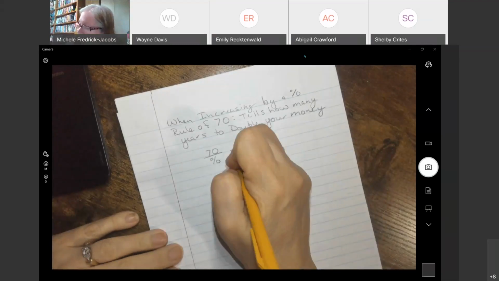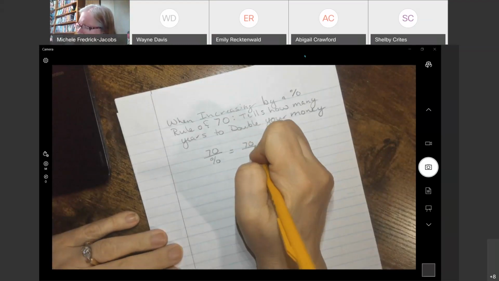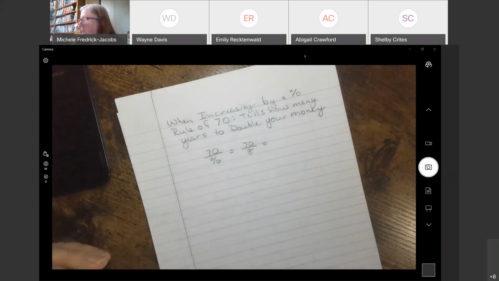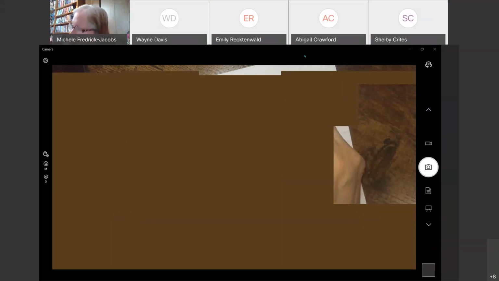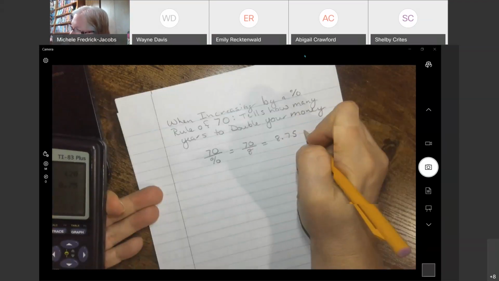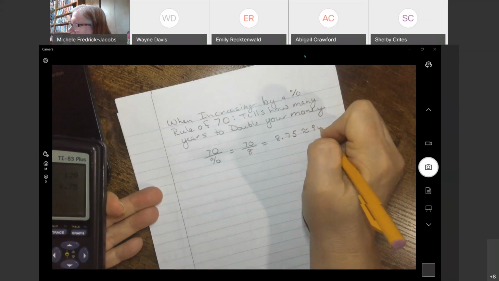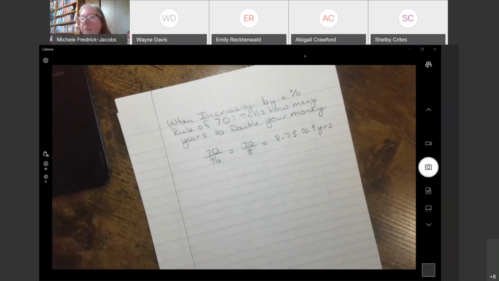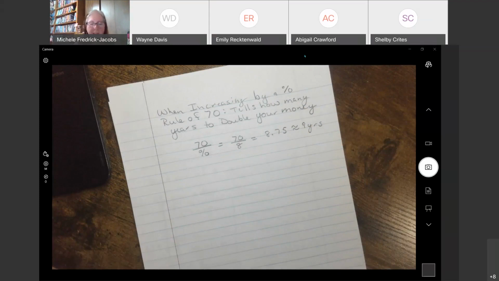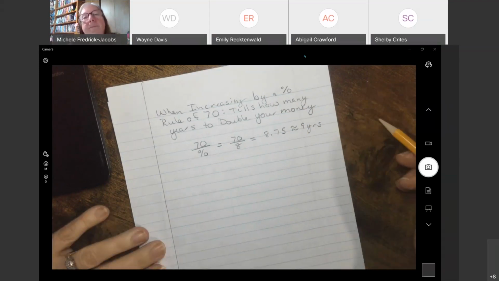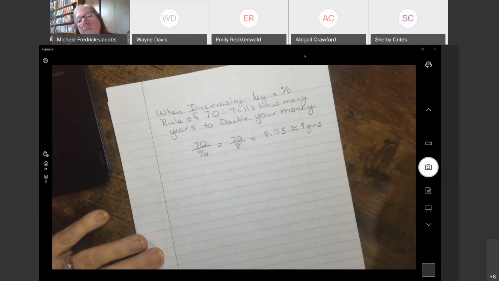And our percent was 8. So if you take 70 and divide by 8, it will take approximately 9 years. Any questions on that?